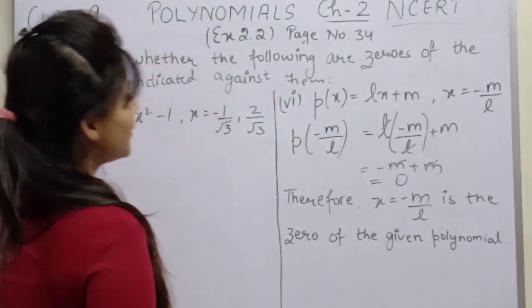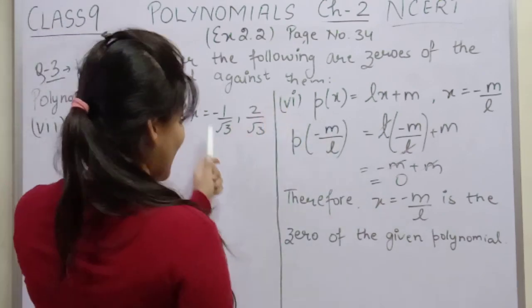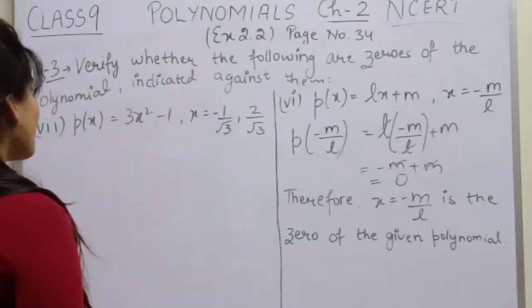So अभी हमें यहाँ पे 2 zeros check करने हैं, minus 1 upon root 3 and 2 upon root 3.